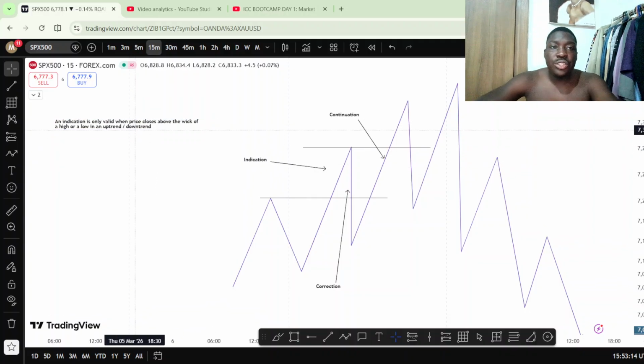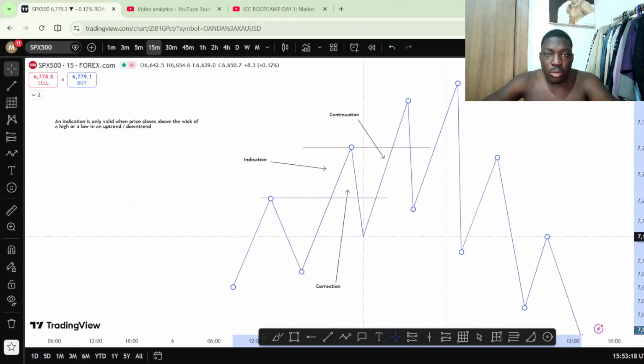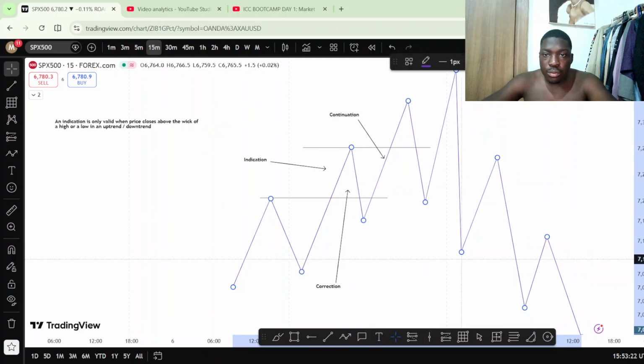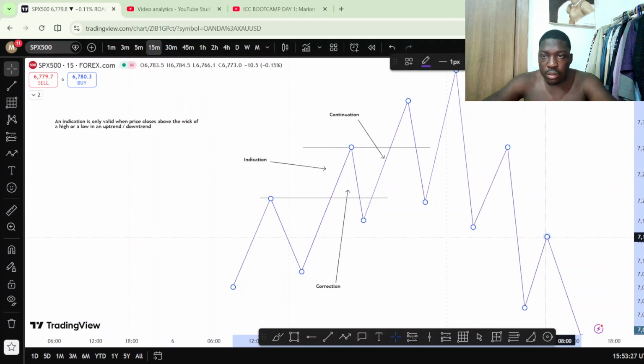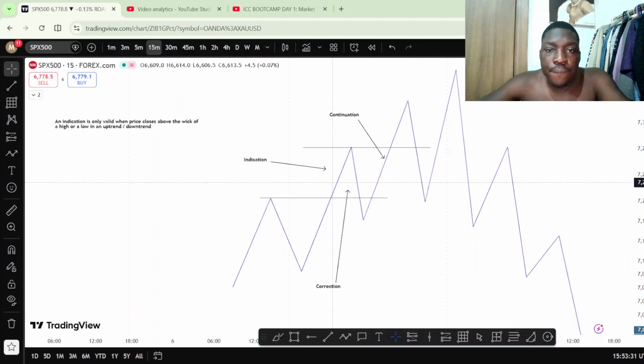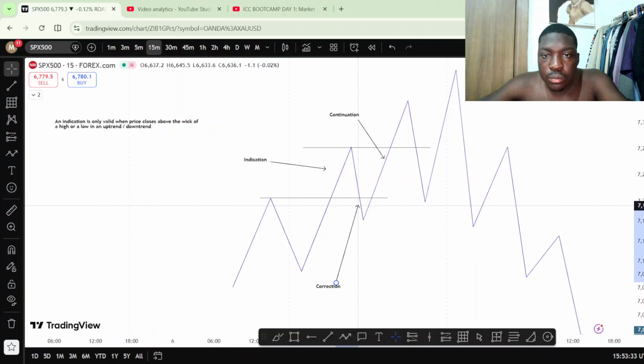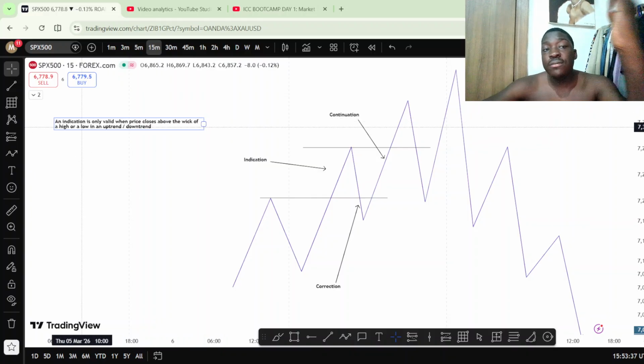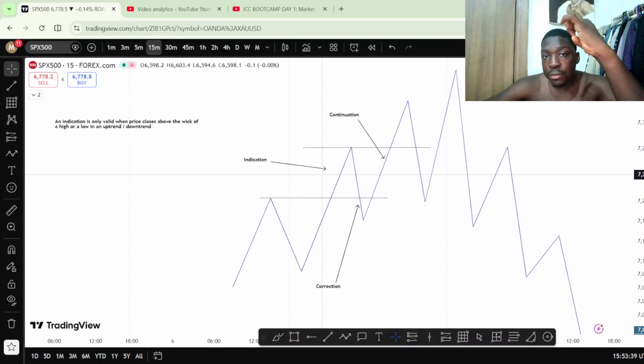Remember this, an indication is only valid when price closes what? Below, sorry. Cool. Now, an indication is only valid when price closes above the wick.